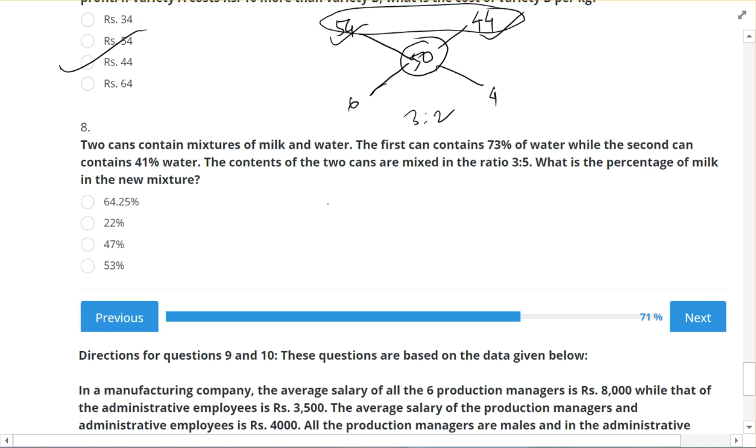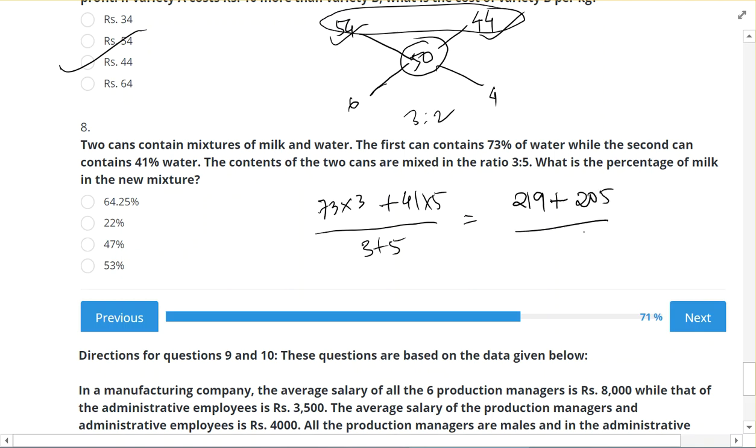Okay. 73 into 3 plus 41 into 5 by 3 plus 5, 219 plus 205 by 8. This is 424 by 8. 8 fives are 40, and then 8 threes are 24. 53%.